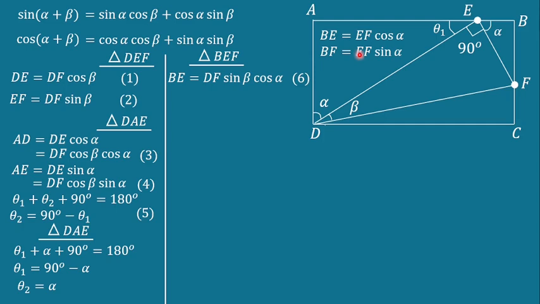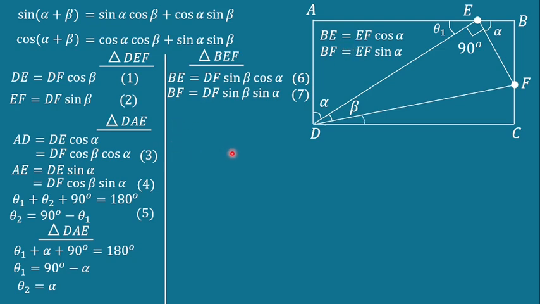And using the value of EF from equation 2, I can rewrite BF as DF sine beta times sine alpha, where DF sine beta is the value of EF at this position.